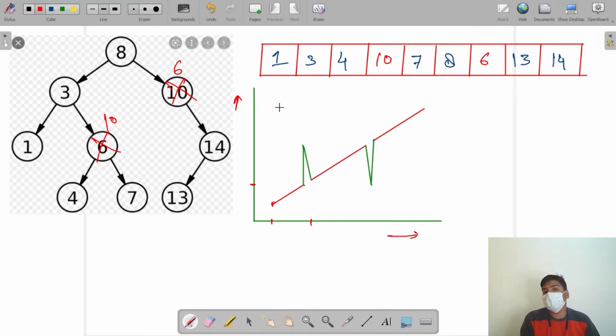At 0 it is 1, at 1 it is 3, at 2 it is 4, at 3 it is 10, at 4 it is 7... at 5 it is 7, and then it is 8.